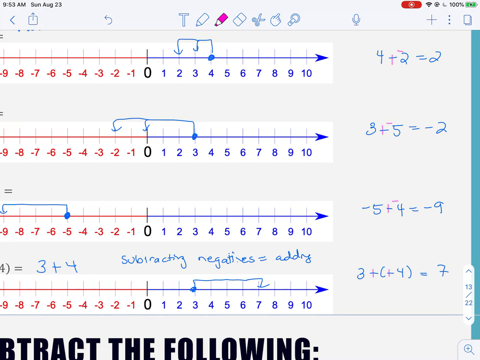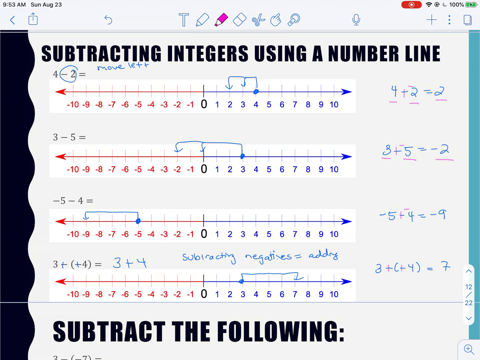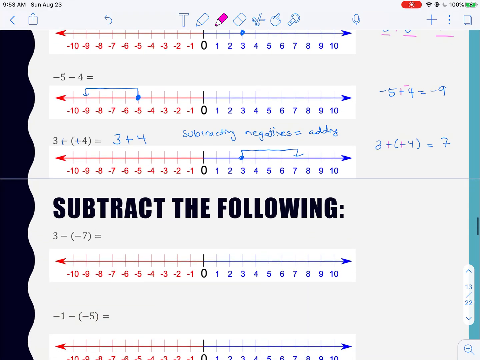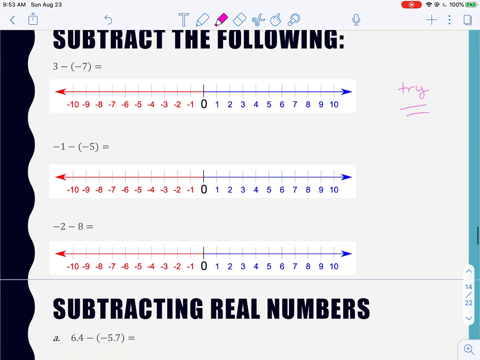And then you can make it into a team positive, team negative game. So team positive scored 4, team negative scored 2, so team positive won by 2. Or team positive scored 3, team negative scored 5, so team negative won by negative 2. So those are a couple different ways to think about subtracting integers. So you guys go ahead and try these, and then you can check your answers against the finished notes.